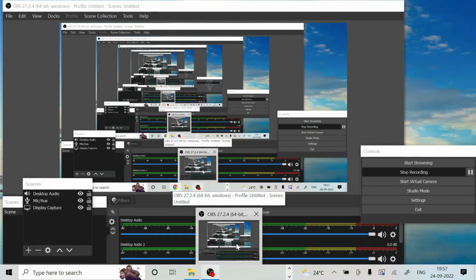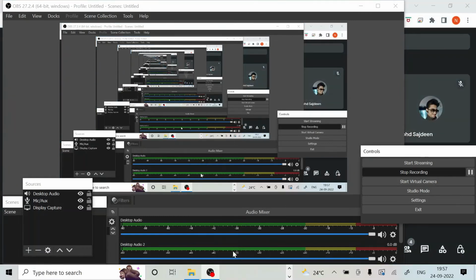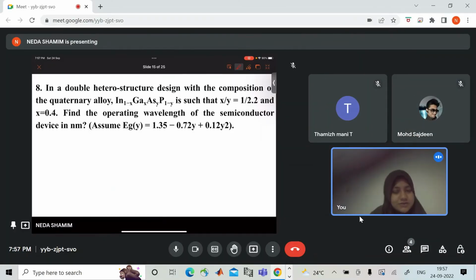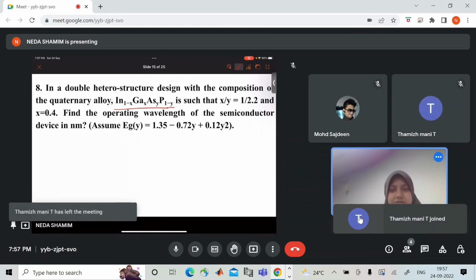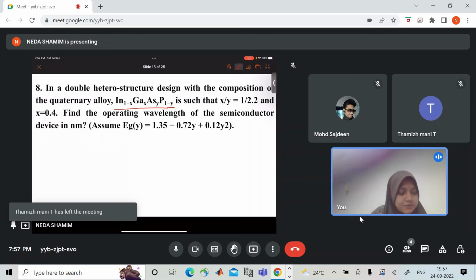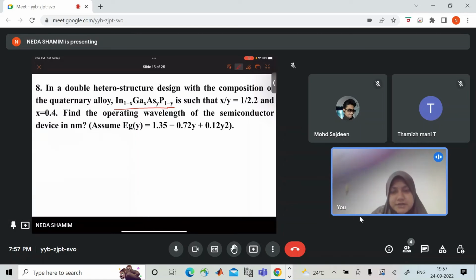Can you answer this question? So basically, when we try to make a diode, this is a compound diode. Certain percentages of materials are added.